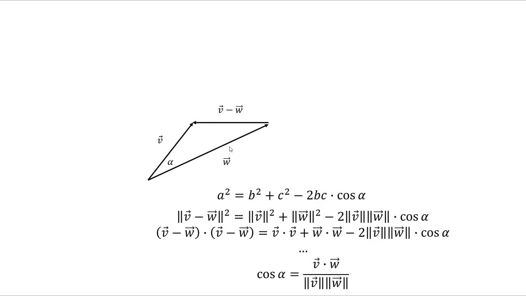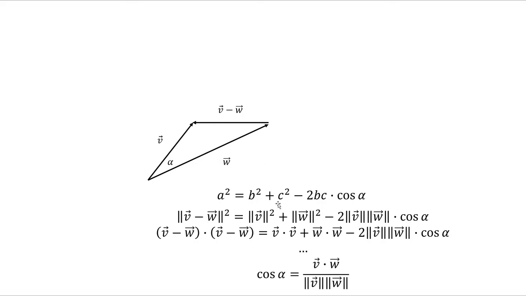If that's confusing, remember when we talked about adding vectors: if we made vector w negative, so the arrow goes the other direction, then this vector is vector v plus a negative vector w, so v minus vector w.